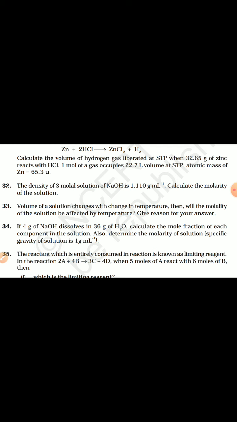So to calculate the volume of the solution, we first have to calculate the mass of the solution. As you know, the mass of the solution is equal to the mass of the solvent plus the mass of the solute. So first of all, the mass of the solvent we take is 1000 grams, and the mass of the solute is the number of moles multiplied by the molecular mass.